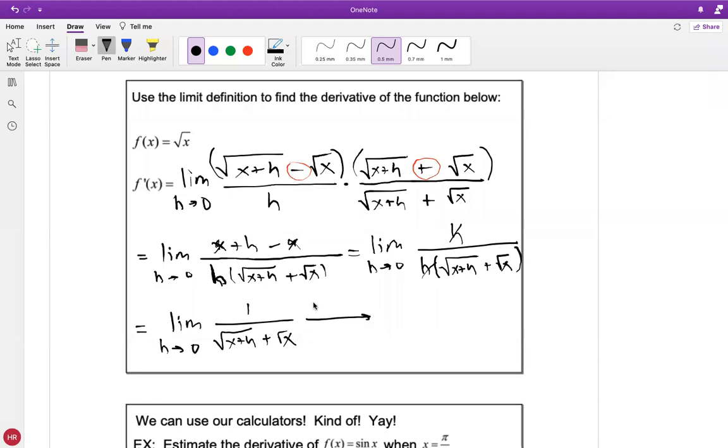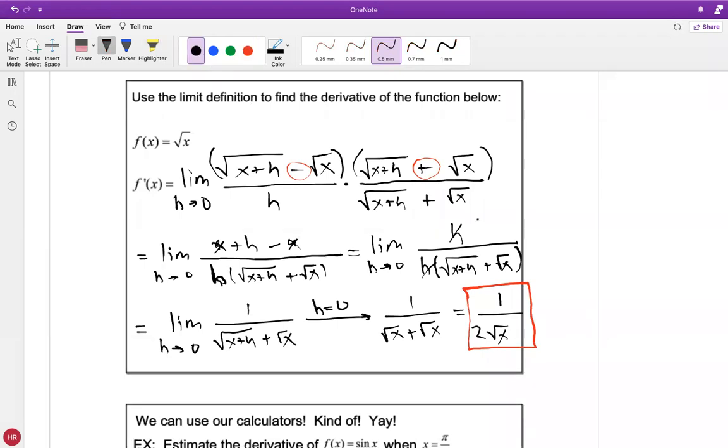Now I can plug in h equals 0. So I get to stop writing the limit now. When h is 0, this is just root x on the bottom. And that's also root x, so I can add them together. That's 2 root x's. And this is the derivative of the square root of x, 1 over 2 root x.